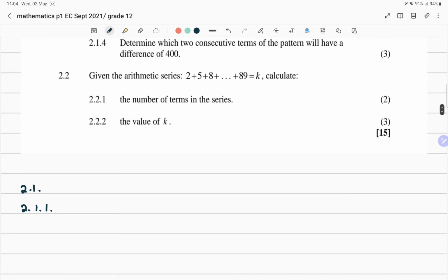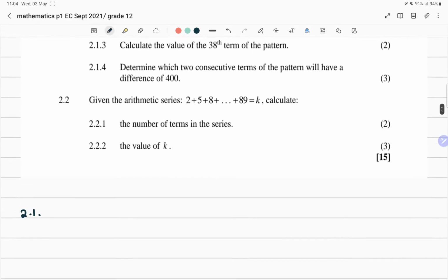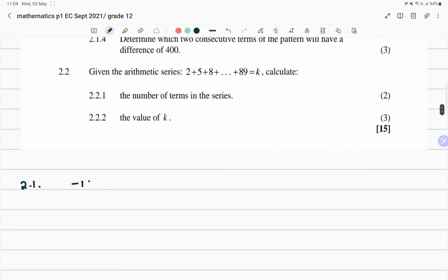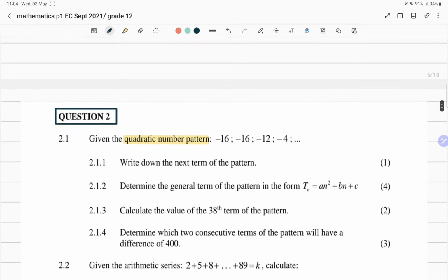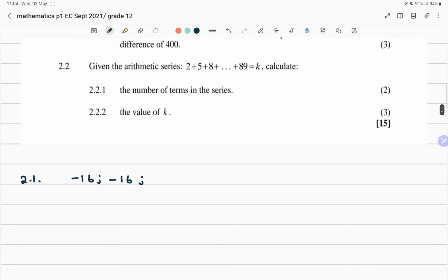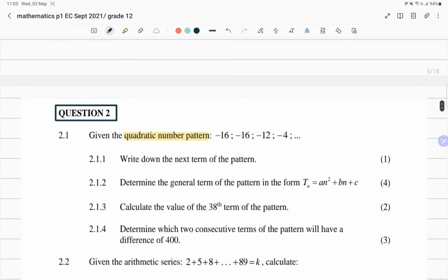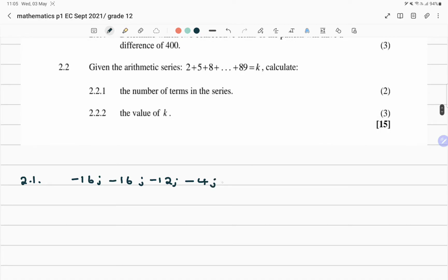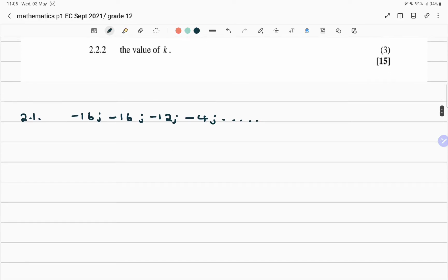Now, before we write 2.1.1, let's just be smart about our business here. We've got minus 16, going to minus 12, going to minus 4, and then we're going and going until whenever Jesus comes back.